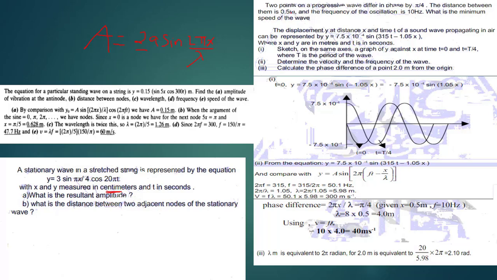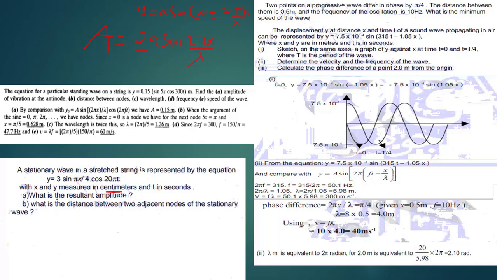So to start with this question, we know that a progressive wave is y equals a sine of (ωt plus or minus the phase angle), where the phase angle is 2π x over wavelength. Okay, x over wavelength. So we have been told that these two differ by a phase of π over 4.